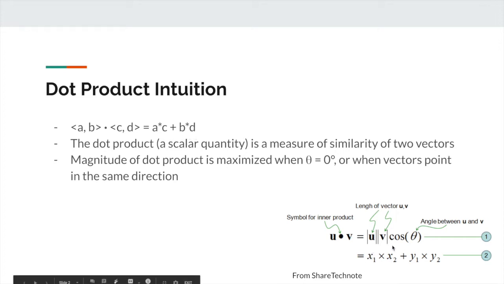The way to derive this is using the law of cosines. I won't do that here, but this is just another definition of the dot product that's equivalent, right? And so you can see that it's the magnitude of the first vector times the magnitude of the second vector times the cosine of the angle between them.